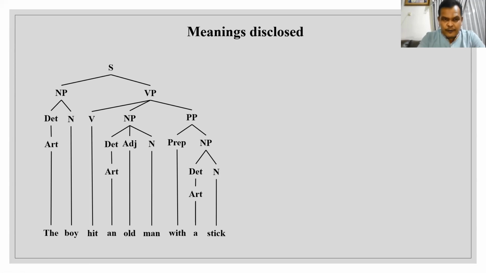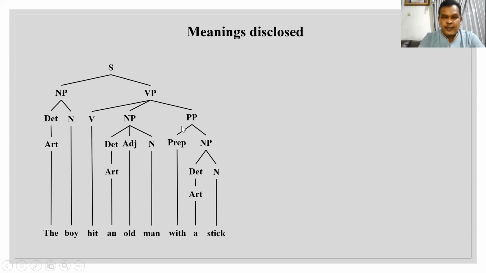In other words, verb, NP and PP are the same level of constituents of the VP. So what does it mean? It means that a stick here is a tool used by the boy to hit an old man.